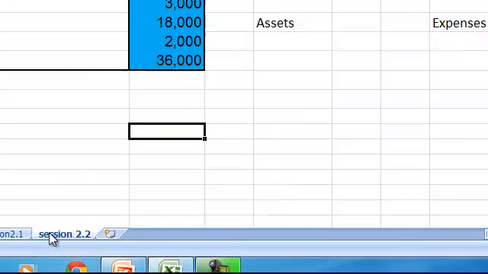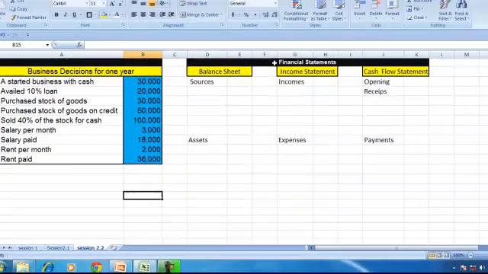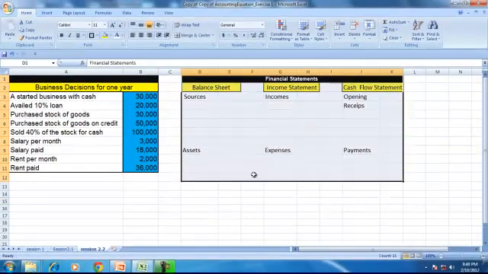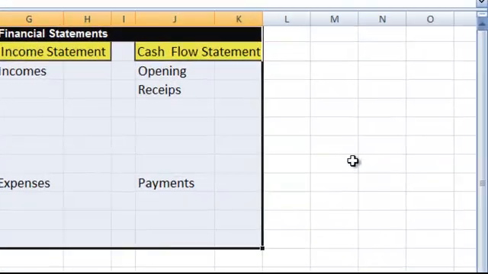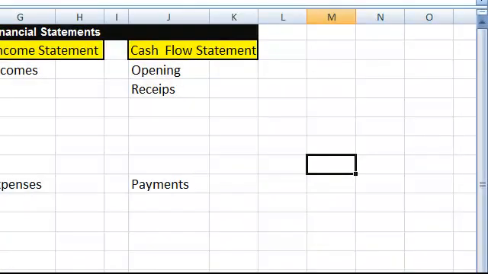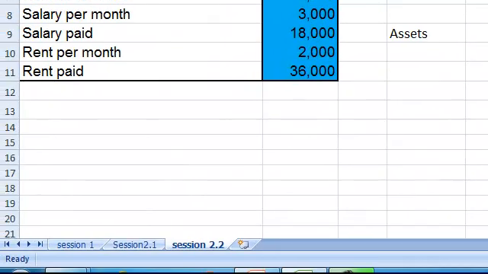So let us take the same decisions and prepare the financial statements. In the process, I'm introducing to you these financial statements, and henceforth we will continue with this process of converting the business decisions into financial statements and then pick up one by one financial statement, get into the depth of these financial statements.